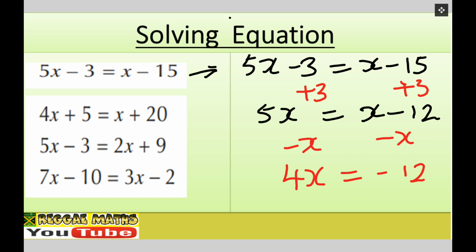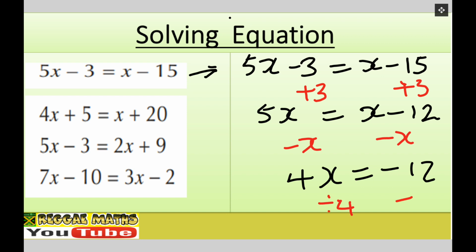Then the next step, what I'm going to do is divide both sides by 4. So x equals minus 3.